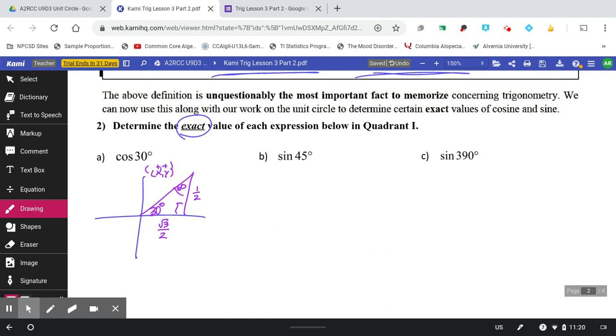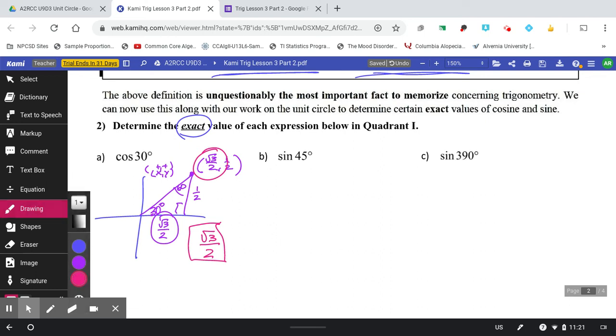The cosine is the adjacent side, so the coordinate would be the square root of 3 over 2 and 1/2. The cosine is the x value or the adjacent side; you can look at it either way. So the answer is the square root of 3 over 2. If you put the square root of 3 over 2 in your calculator, you would get that same 0.866025 and so on, so you would know your answer is correct.